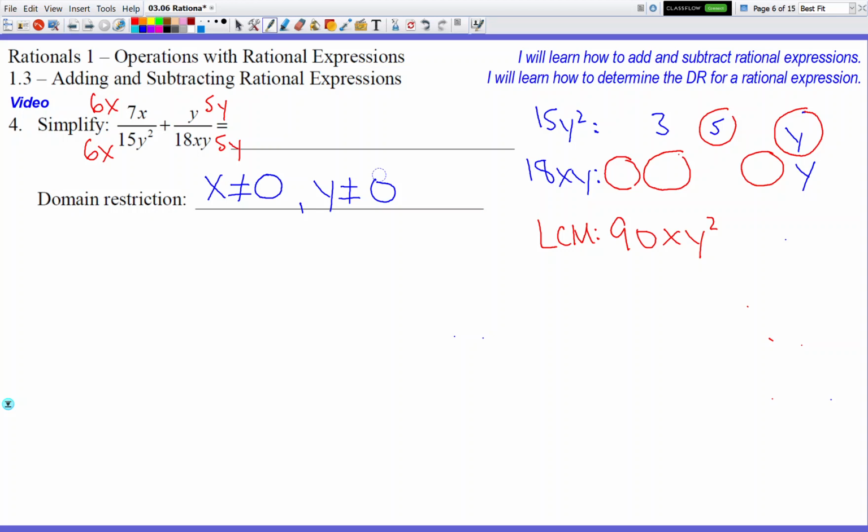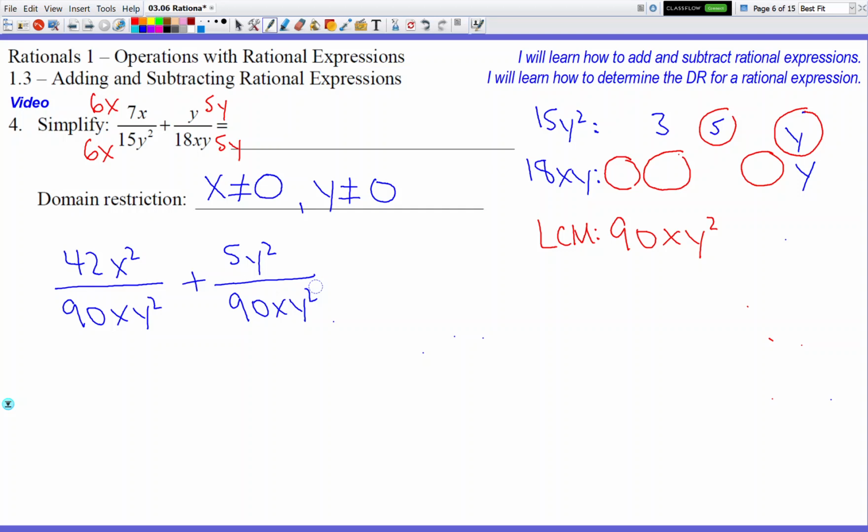Okay, so my brand new fractions, because I have to multiply by numbers to make the denominator match, I get 42x squared over 90xy squared, plus 5y squared over 90xy squared. Because they're the same denominator, I can turn everybody into one gigantic fraction.